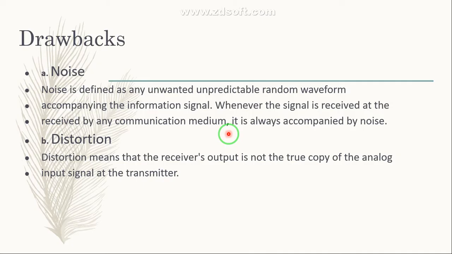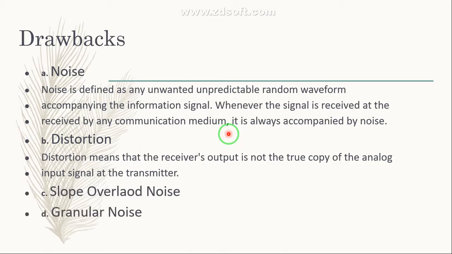And next, guys, as we studied in our theory, there are slope overload noise and granular noise. When the rate of change of input is very, very high, the integrator output can't match up to the input signal due to the limited, fixed step size.